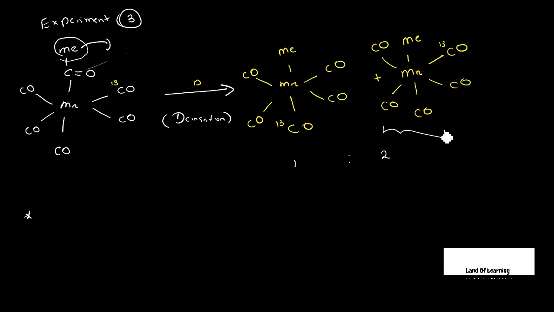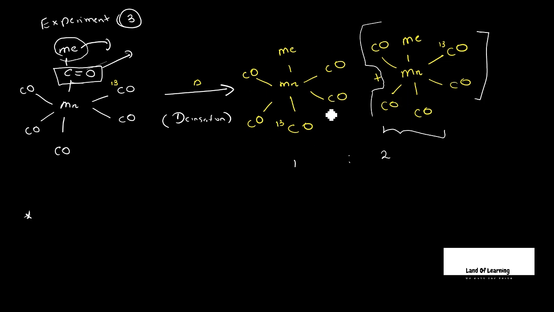This is the particular product which we would expect if this carbonyl group is leaving our metal center, then this methyl group will directly attach to our metal center. So it is always cis to our carbon 13 labeled one, but this is not the case, right?